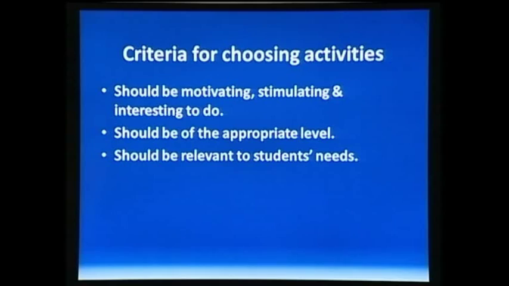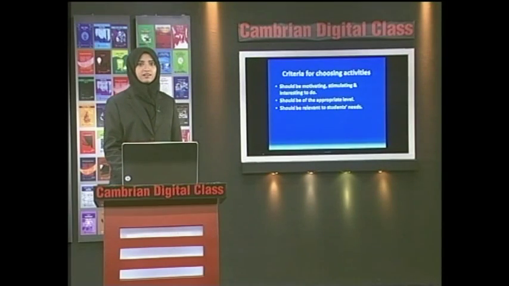Or if the teacher is teaching advanced level students, then the teacher should make sure that the activity is not too easy for them. If it is too easy for them, for the same reason, they will not be motivated enough to do the activity. So the level should be adjusted to the students. There are other levels too, such as intermediate level, advanced level, beginners level.